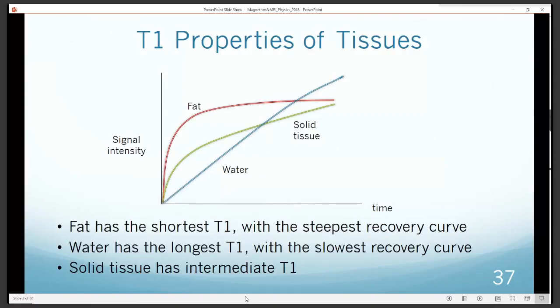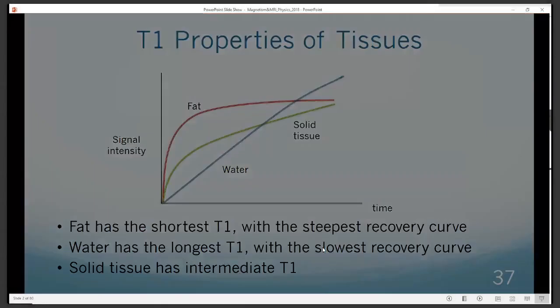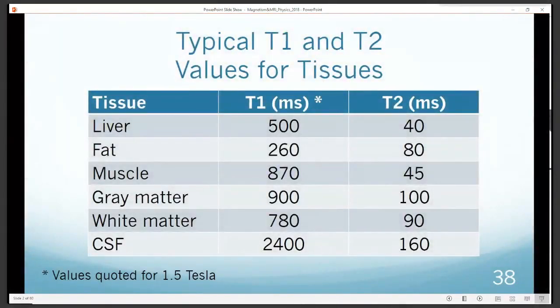The fat having a short T1 means it doesn't take very long for the magnetization that's in the transverse plane to recover to be fully longitudinal, and you can excite it again quite rapidly and get a high signal, whereas the long T1 of water means that you have to wait quite some time if you want to get the full signal from water after you've gotten the initial signal, because it takes very long to reestablish itself.